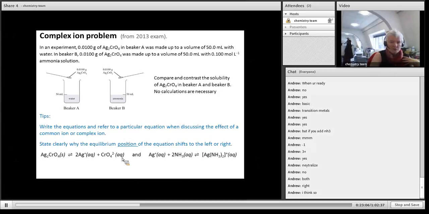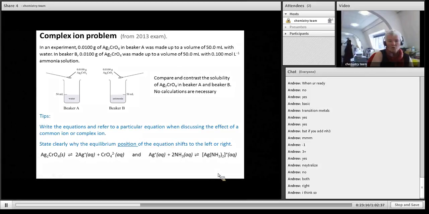So make sure you write your equations down, and then, as I say, if you've got more than one equation, call them equation 1 and equation 2 and talk about each one. What happens in each case is the equilibrium position shifting to the left and why, or to the right and why, and how does that affect the other equation. Okay, and then again, check that you've done all parts.